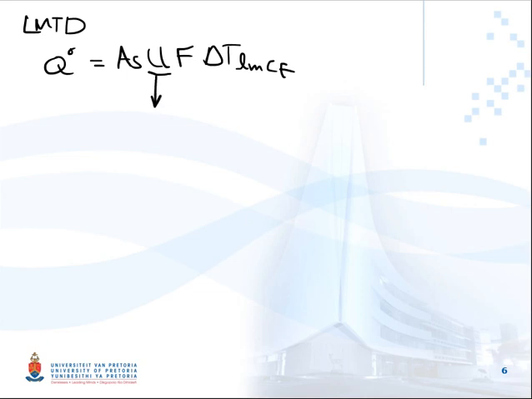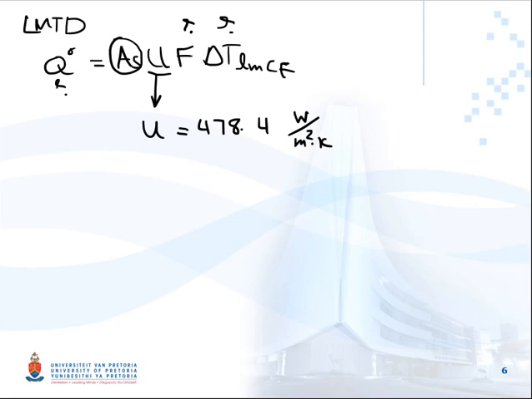This one, from the previous steps, we have as 478.4. The correction factor, we don't have it. Delta T_LM for the counterflow configuration, we don't have it. A_s is what we are looking for, and Q dot we don't have. Okay, so let's go step by step and calculate each of them.